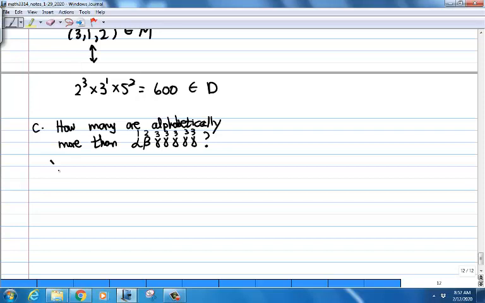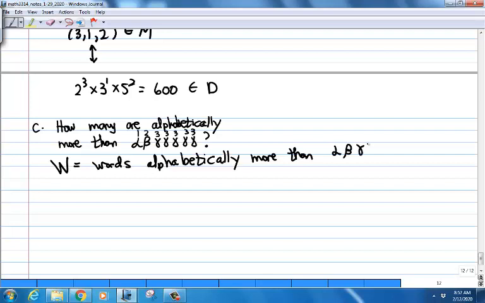W again? Okay. So this is words. See why we like to use variable names, or letter names, for sets, because otherwise we get into having to write things out, right? So words alphabetically more than this. That's the set we're trying to count.